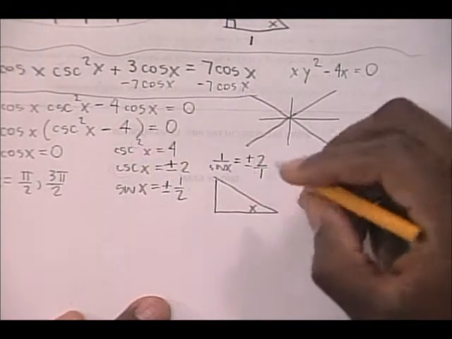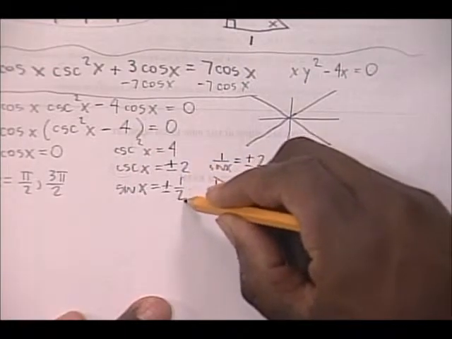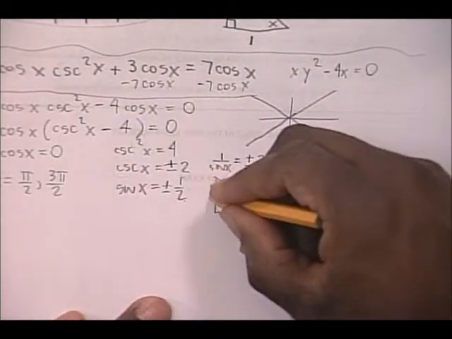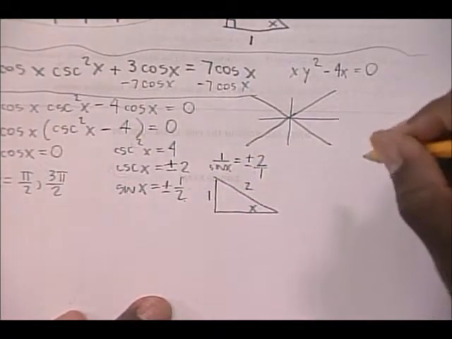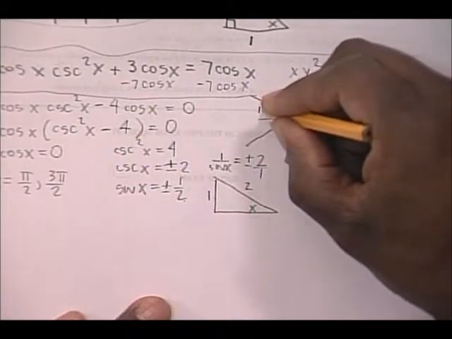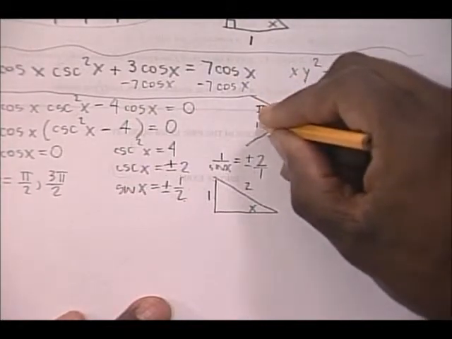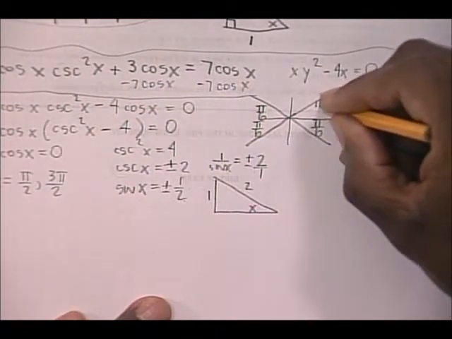So put an x here. The opposite, sine by definition, is the opposite over the hypotenuse. So the opposite is 1, hypotenuse is 2, and that is a reference angle of 30 degrees or pi over 6 radians. So you get pi over 6 here, pi over 6 here, pi over 6 here, pi over 6 here.